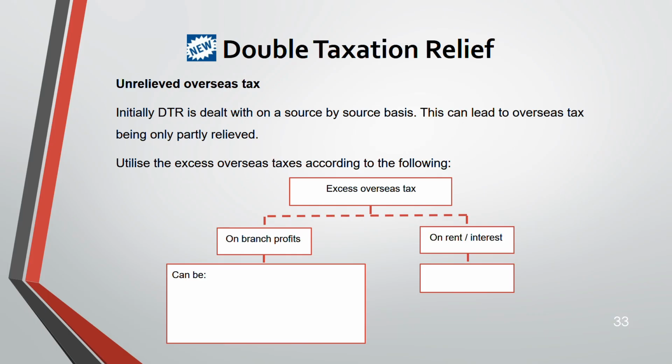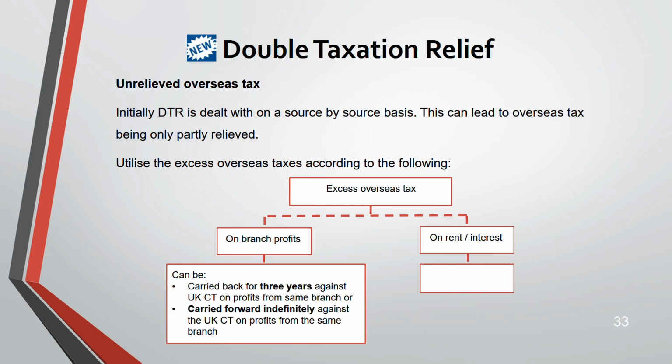If it's on branch profit, it can be carried back for 3 years against the UK corporation tax on profit from the same branch, or carried forward indefinitely, that means forever, against the UK corporation tax on profit from the same branch. It has to be the same branch and it has to be against the UK corporation tax on the profit. Against that you can utilize this excess overseas tax that has not been utilized through double taxation relief.